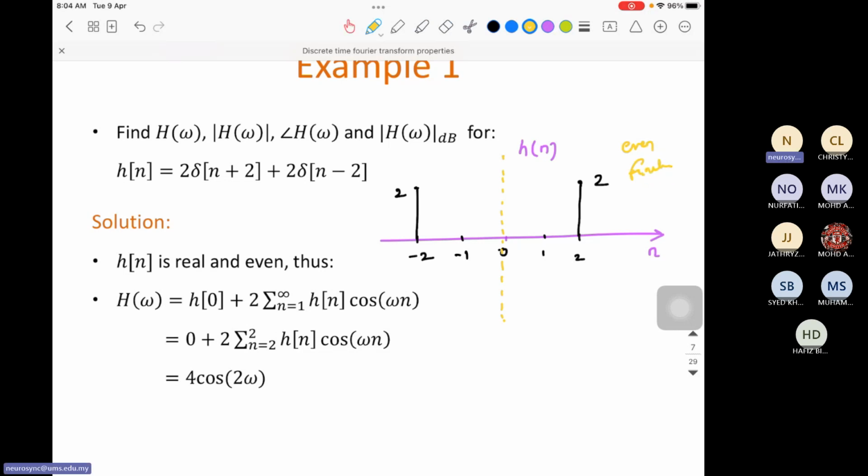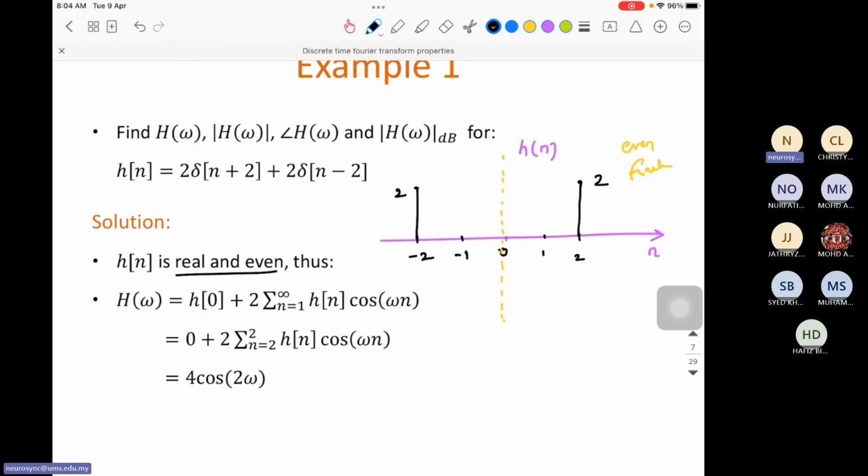Correct. Now, the first thing asked here is to find H of omega. So H of omega we can easily find out. I say that this is basically an even function, therefore I can directly apply the formula for real and even.